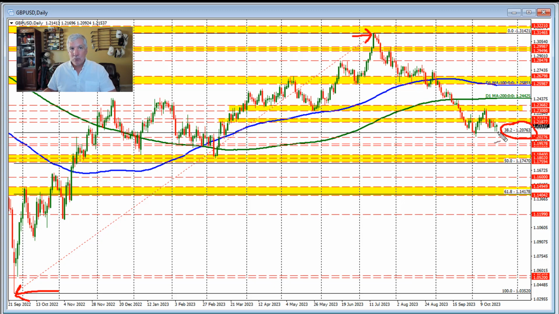The low price this week came down again toward that 88 level, so about 12 pips short of that 38.2% retracement. It would take a move below that 38.2 to get traders thinking that this corrective move is a little bit more than just the plain vanilla of the trend move to the upside. So we do have to get below that level to give the sellers the added confidence that the downside is the right way to go.